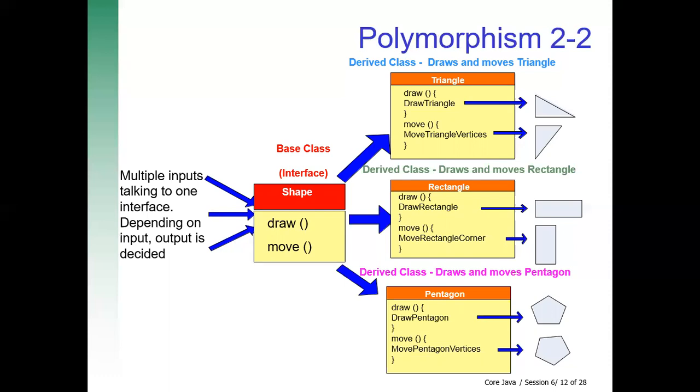Like the draw method, the draw method is going to be different for different objects. For the rectangle object, the draw method is different. For the triangle object, it's different. And for a pentagon object, it is different. Okay, you're able to understand what I'm telling. For the different objects, the behavior is going to be different for me.